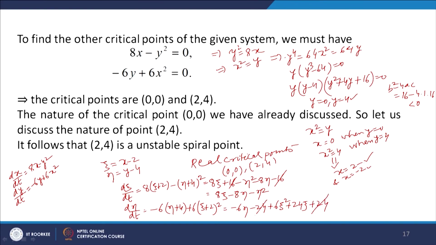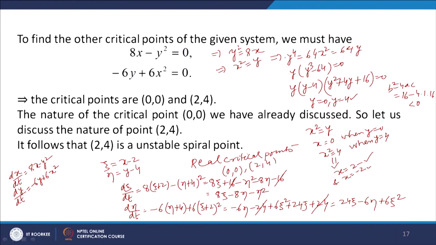So, this cancels with this, and we have 24 xi minus 6 eta plus 6 xi square. Now, you can see d xi by dt is equal to 8 xi minus 8 eta minus eta square, d eta by dt is equal to 24 xi minus 6 eta plus 6 xi square.